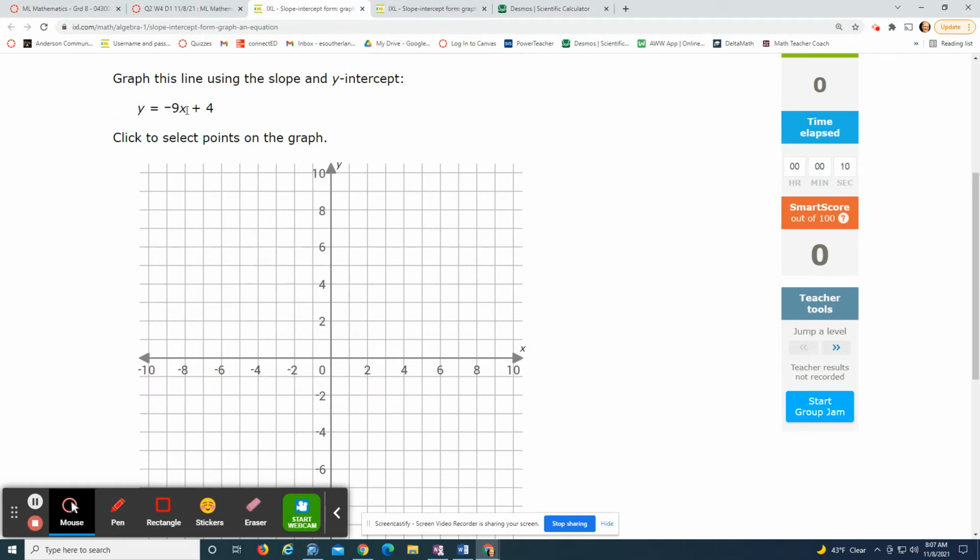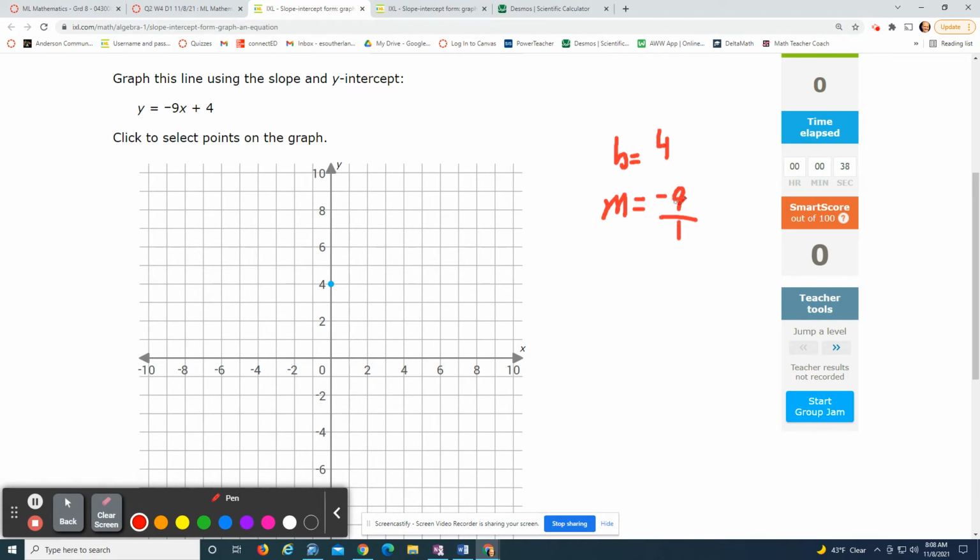It says y equals negative 9x plus 4. Plus 4 tells me to click right here on the positive 4 on the y-axis. So the b was plus 4, so it's a positive 4. The slope, on the other hand, is negative 9. Remember that whenever I have an integer that's not a fraction, I can just write it over the number 1.